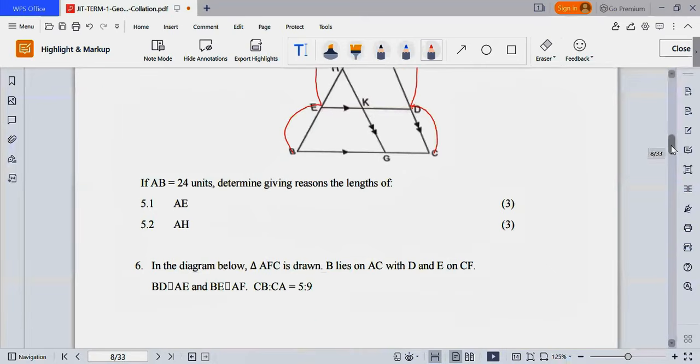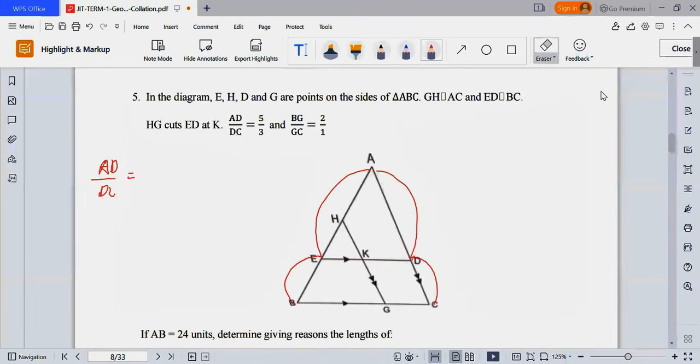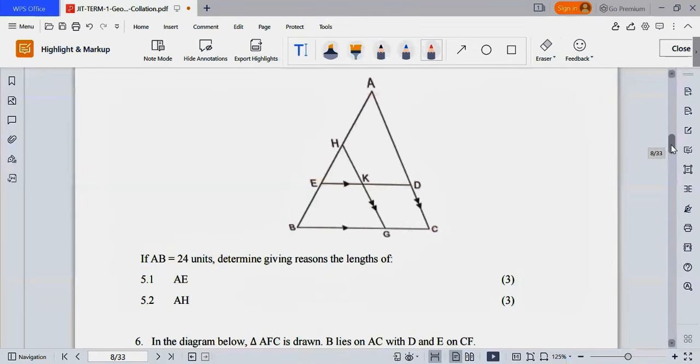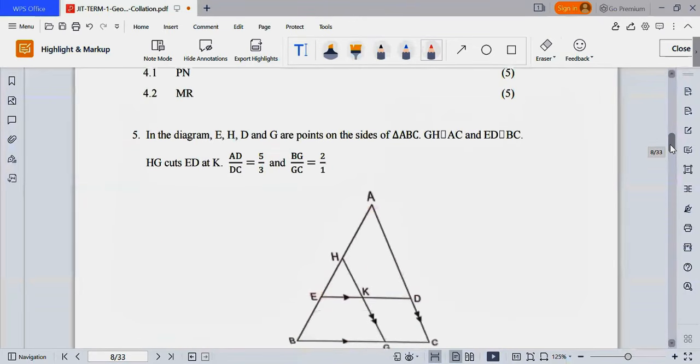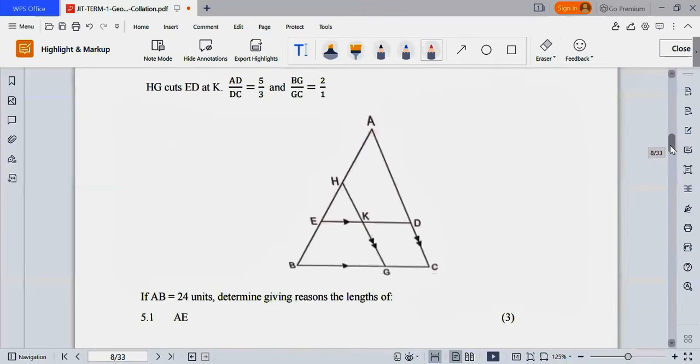Then let's calculate AH. To calculate AH, what is it that we are going to do? Where's AH? We can see that AH is here. Looking at this, AH is touching which parallel line?